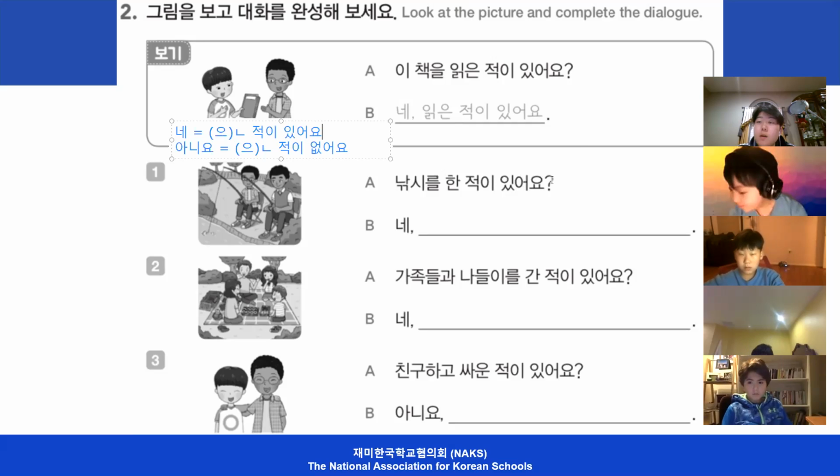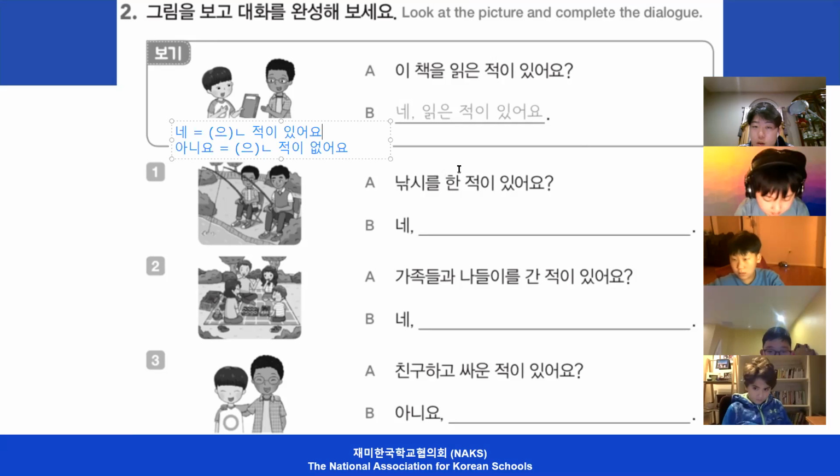Why do I ask? Because it gives you more clarity. And since you are beginners at this, you want to use the full extent of the sentence. Also, this is not the correct pronunciation. It's 한 적이. See it right here. 한 적이 있어요. Can you pronounce that again? This part.